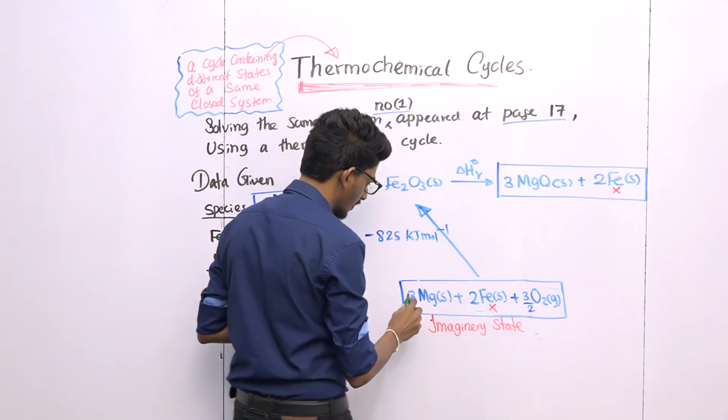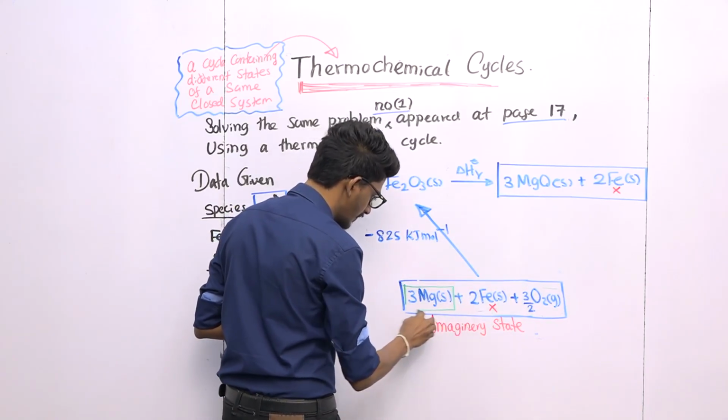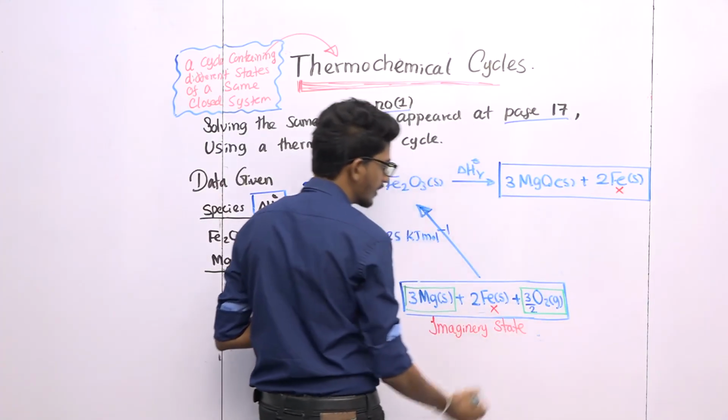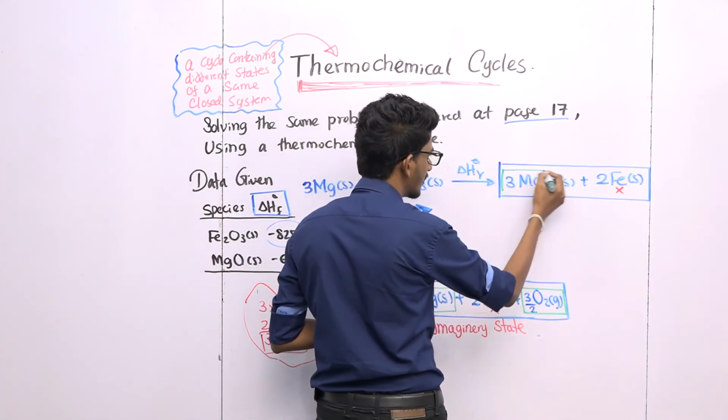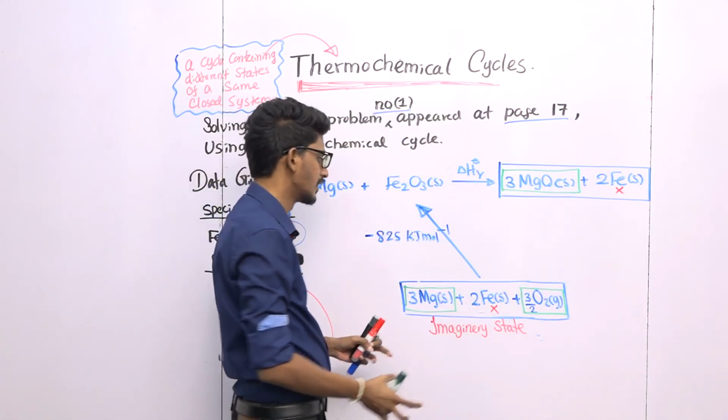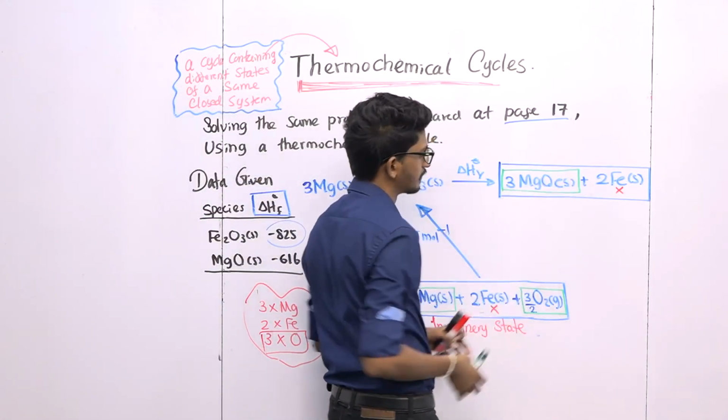So this is the change that occurred. 3 of magnesium solid and 3/2 of O2 gas have been converted to 3 of magnesium oxide. That is the change that actually happened when converting our imaginary state to this state.